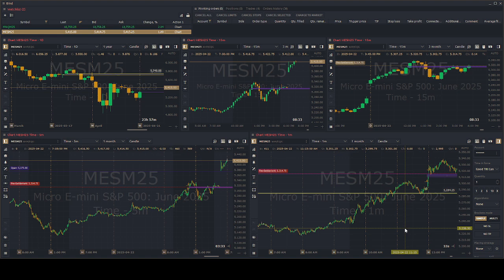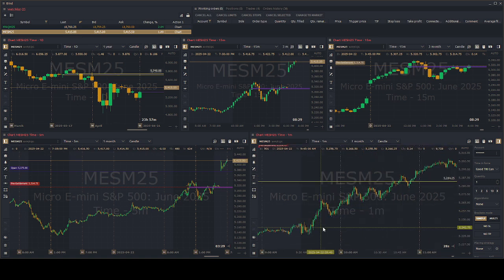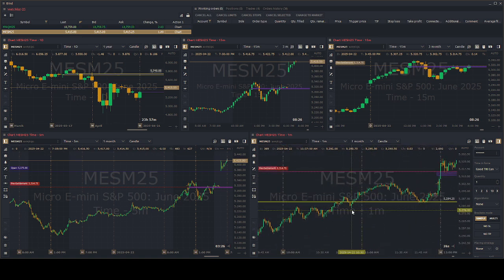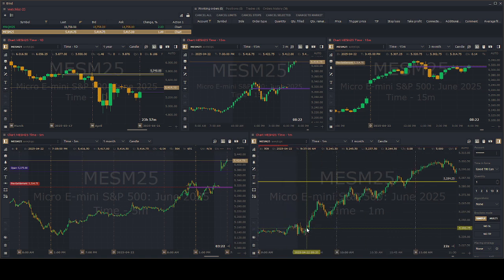So we had a rally in the morning session into the first half of the day. I wasn't able to get in on this first presented fair value gap.